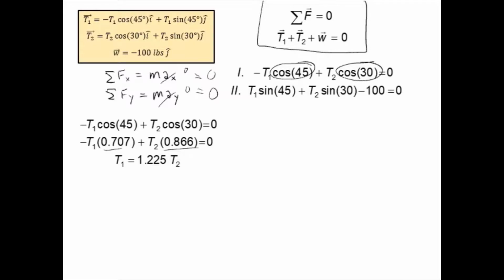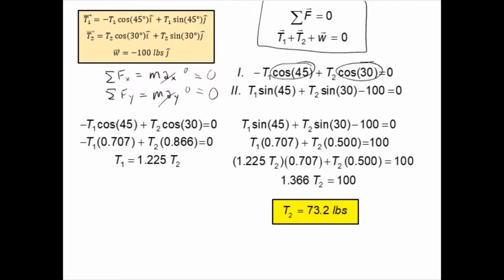In other words, I've got to take the size of T2 and scale it up to get to the size of T1, which tells me T1 is a bigger force than T2. I've got to multiply T2 by a number bigger than 1, scaling it up by 22.5%, if you will, to get the size of T1. So T1 ends up a bigger force than T2, but that's all the further I can go there.